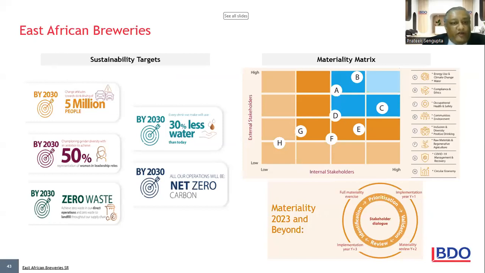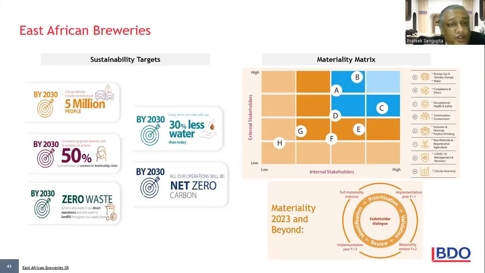Talking about East Africa Breweries. Breweries are again an industry where there is a lot of environmental impact, mainly due to water consumption and energy consumption. So if you see, they're looking at multiple areas. Like ESG is not focusing only on one area. They're looking at people. They're looking at increasing the number of women in their leadership roles by 50% by 2030.